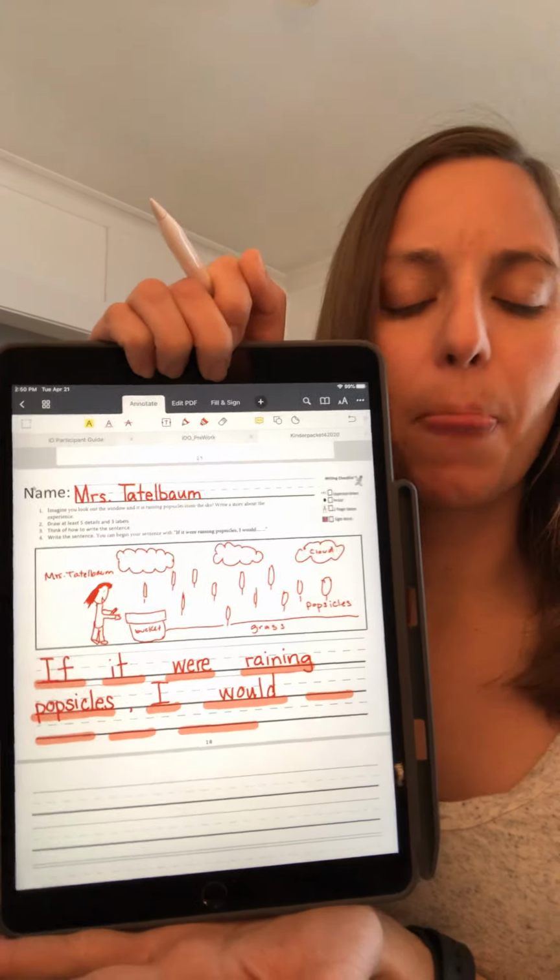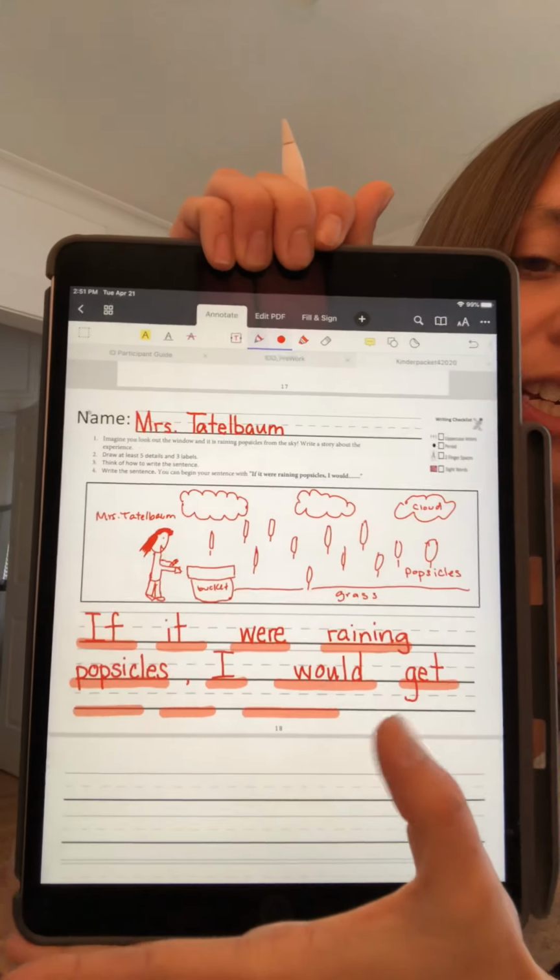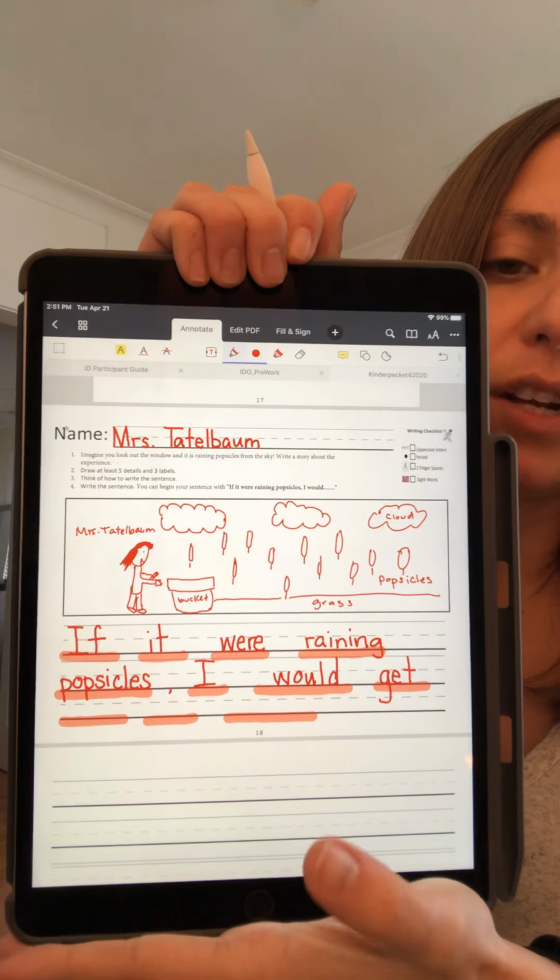I can sound that word out. Let's see. G. E. T. Now, I want you to notice I used the lowercase g because I'm still in the middle of my sentence.